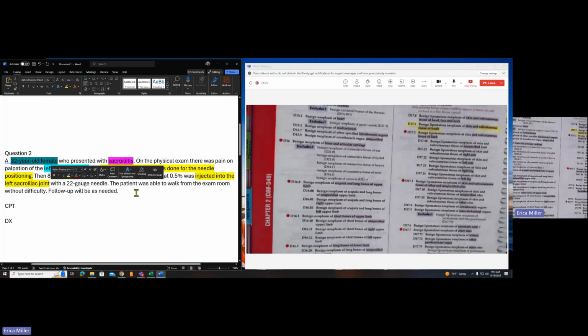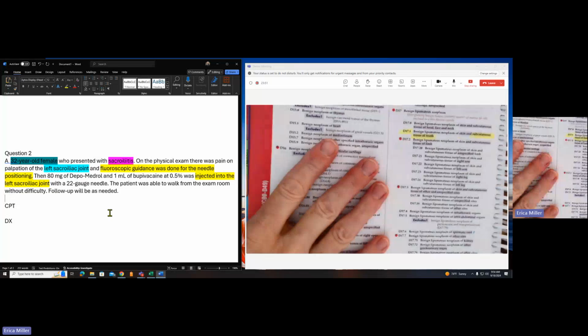The sacroiliac joint, with a 22 gauge needle. Okay, and then we talk about follow-up as needed. So really, that's it. That's what we need out of this particular scenario. We need to know what the problem was, where exactly that problem or pain was occurring, and what the action was by our provider.